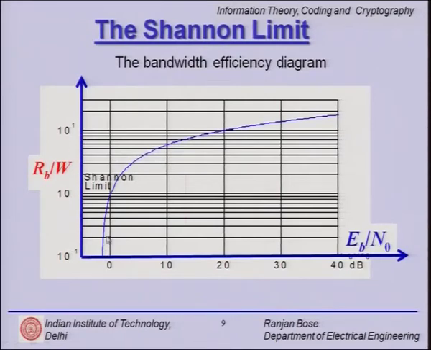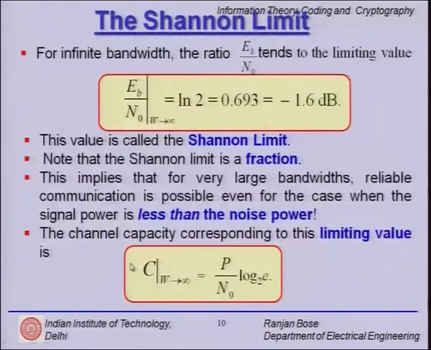As I go down the y axis, this saturates, and for W tending to infinity, EB over N naught is actually ln2, which is a fraction, which means that it is possible to have reliable communication over unreliable channel, if you have large enough bandwidth.